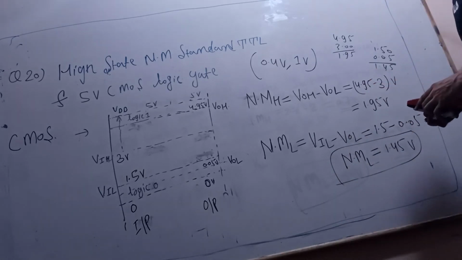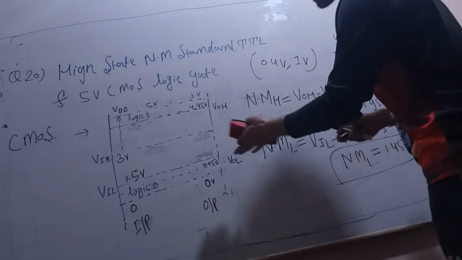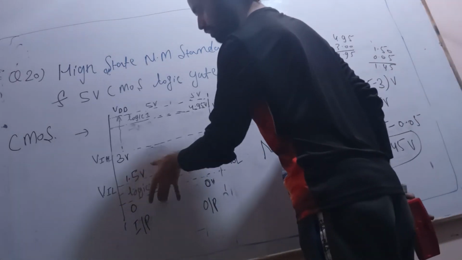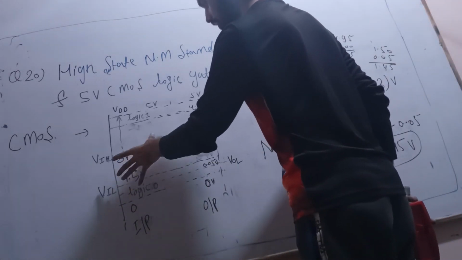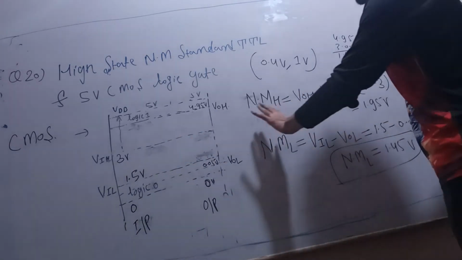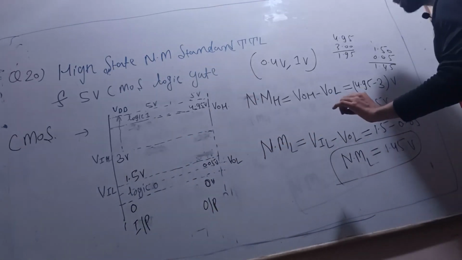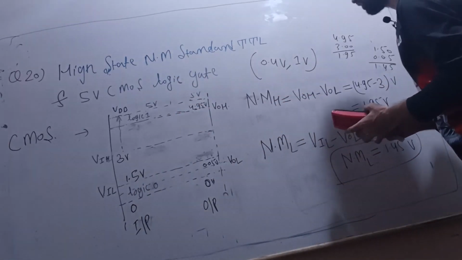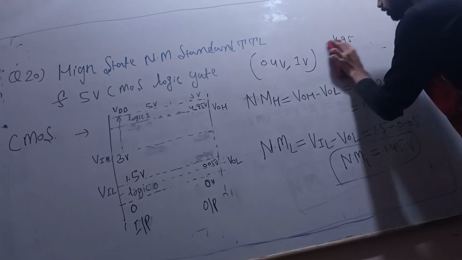So this is about noise margin, as we have seen. Up to this range it will work properly, with low noise margin and high noise margin, without impacting the operation of the logic circuit.